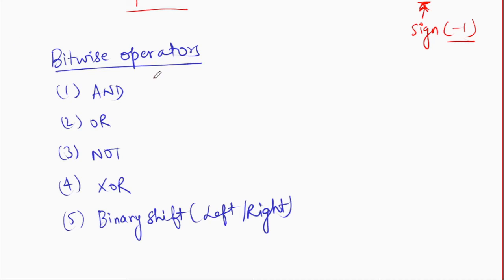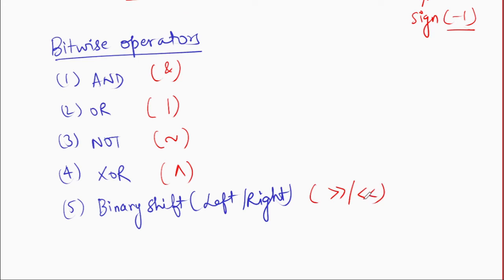Bitwise AND is written with the symbol of ampersand, OR is written with a long slash, NOT is written with a tilde, XOR is with a power exponential, and binary left shift and right shift are written this way.